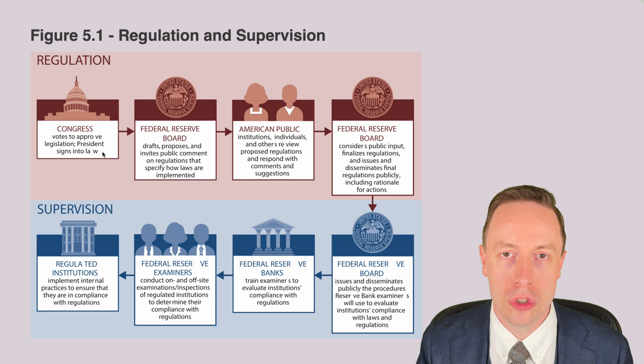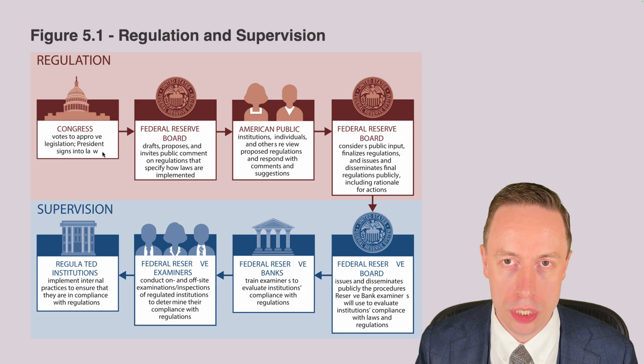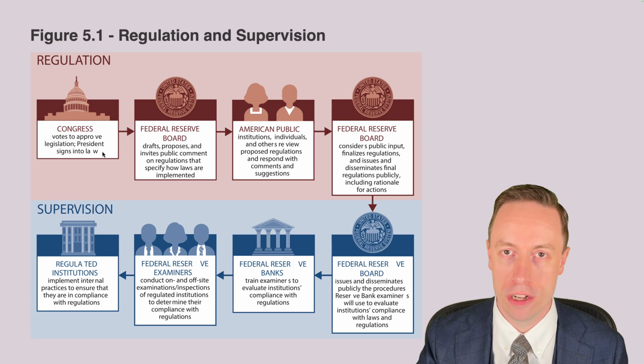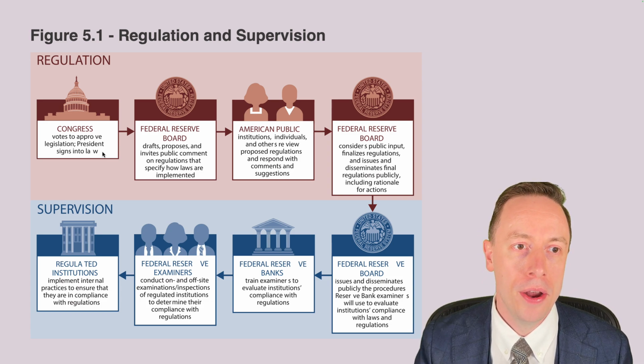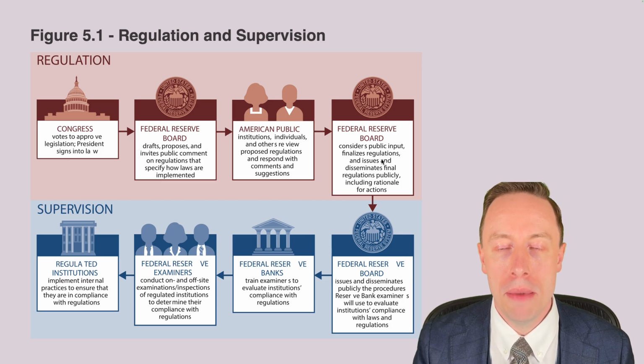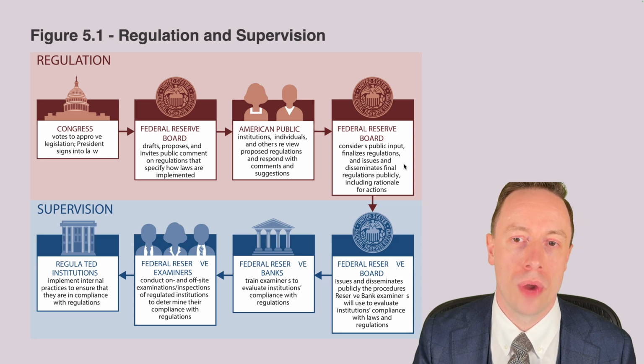But the Federal Reserve is one of those regulatory agencies, like, for example, the Environmental Protection Agency or the Federal Trade Commission, that takes laws and then, after inviting comment from affected individuals and institutions and so on and so forth, implements these laws as regulations.